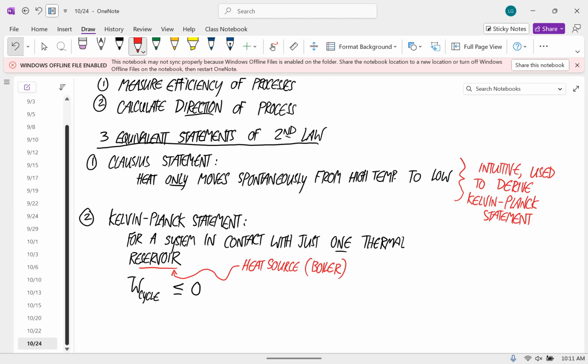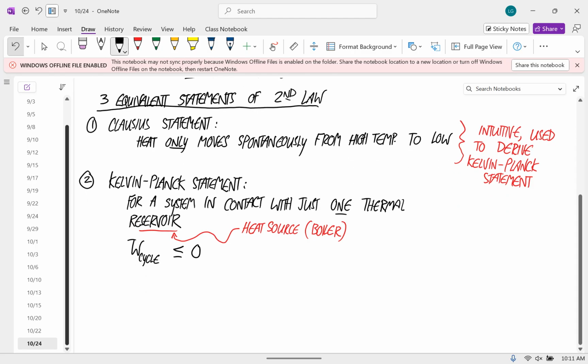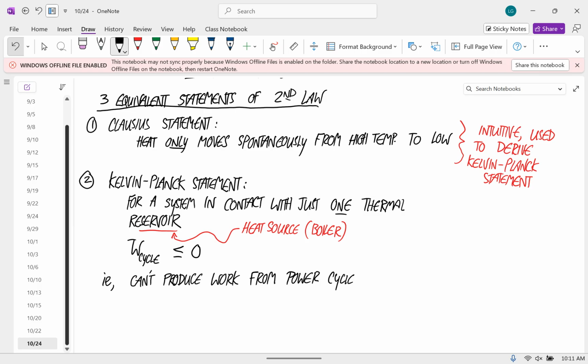So let me say, in other words, you can't produce work from a power cycle that only has a heat source.